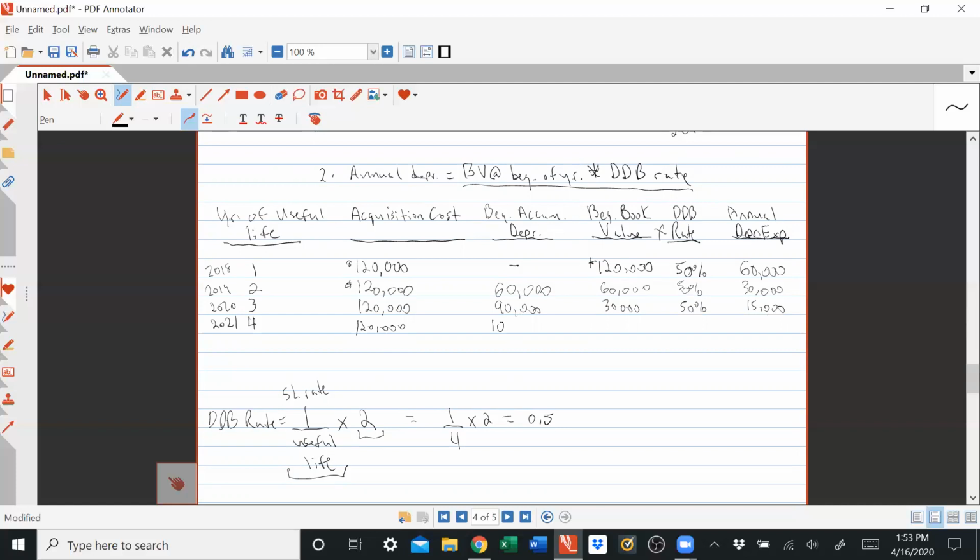So it would be 105,000. Book value at the beginning of 2021, 120 minus 105. And the depreciation expense in 2021, $7,500.